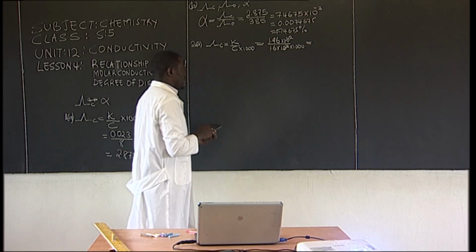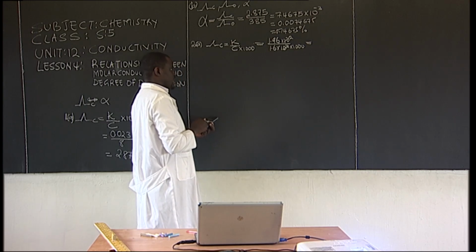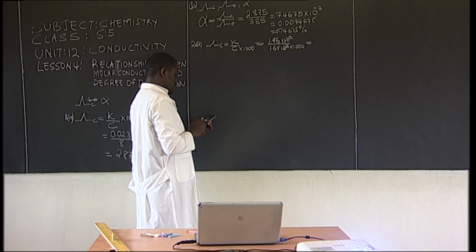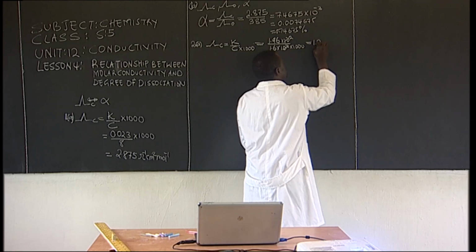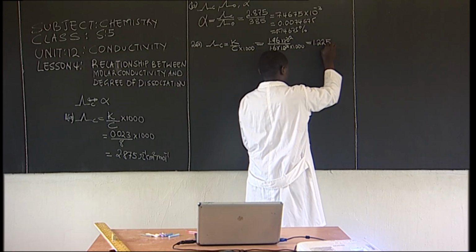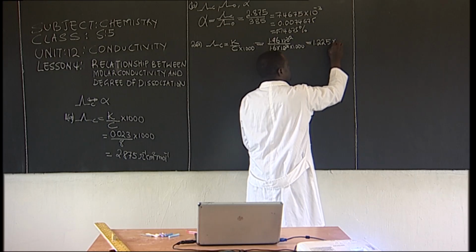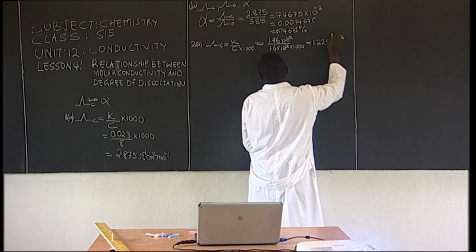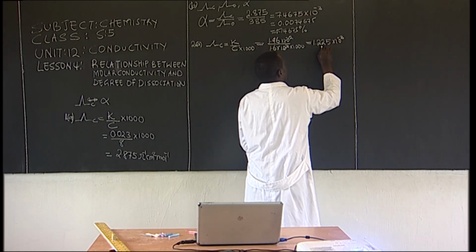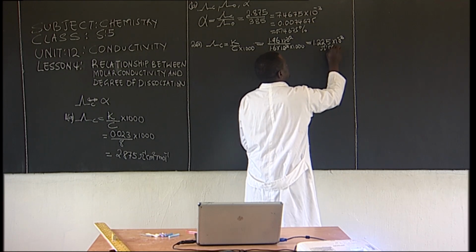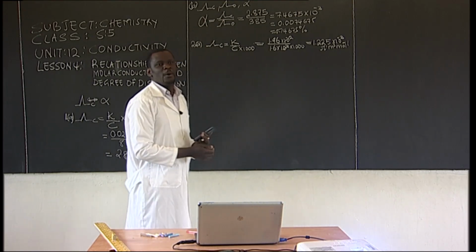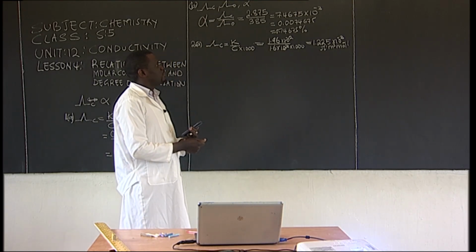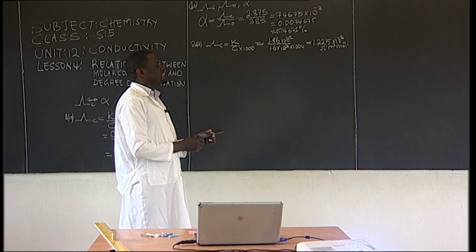Then we say 1.96 divided by 1.6 divided by 1,000. So our value of molar conductivity will be 1.225 times 10 to the power negative 3. So here we're going to say per ohm meter squared per mole. You see the units are changing somehow.